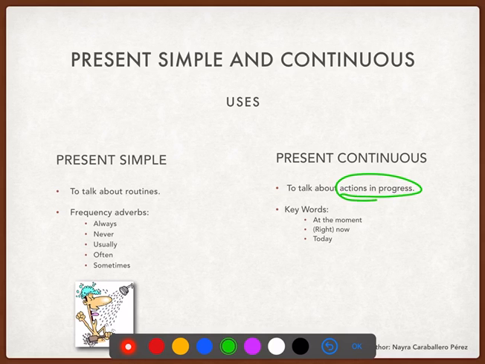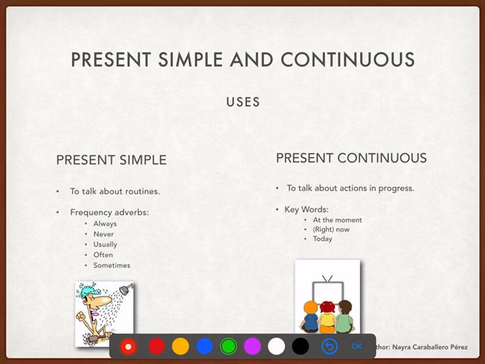And we have some keywords, for example, at the moment, now, right now, today, okay? For instance, watch TV. The children are watching TV now. Okay? As it is an action that the children are doing now, it is the present continuous tense, okay?